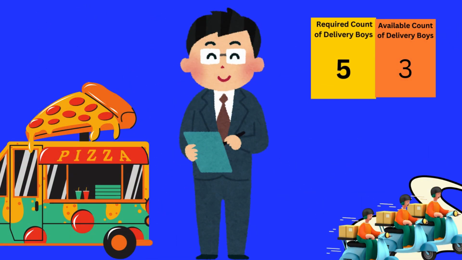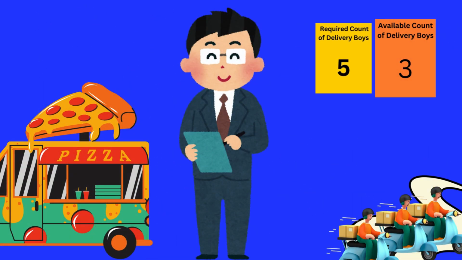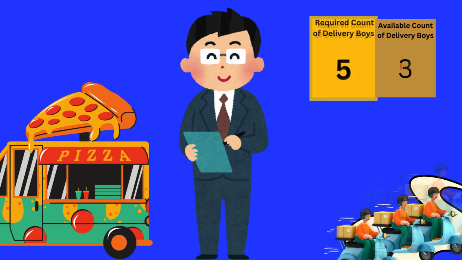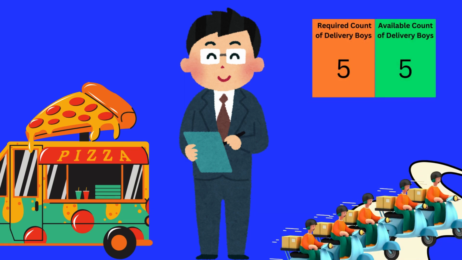Now consider that we are getting more than the usual orders, so we need more delivery boys. The manager updates the board to say we need 5 delivery boys on shift. So more delivery boys, or pods, are added to the team to meet the new demand. This represents a scaling up scenario in Kubernetes.